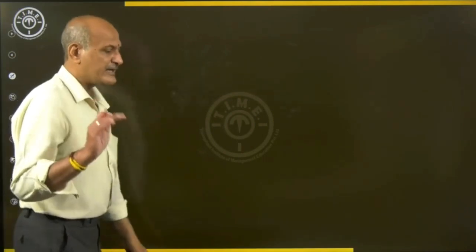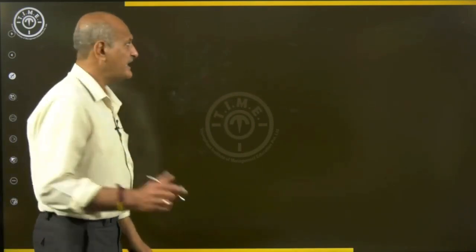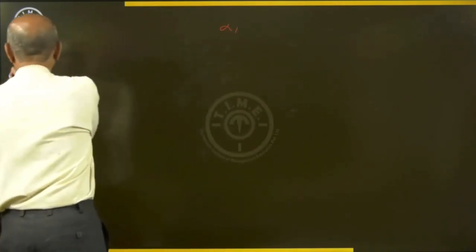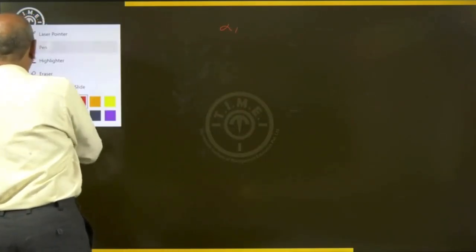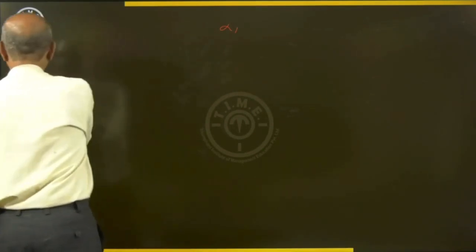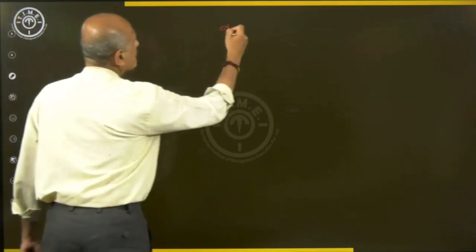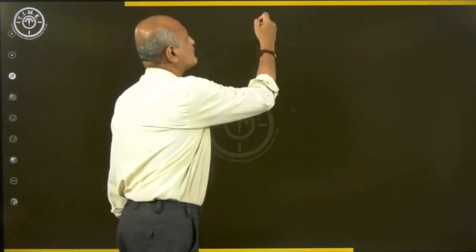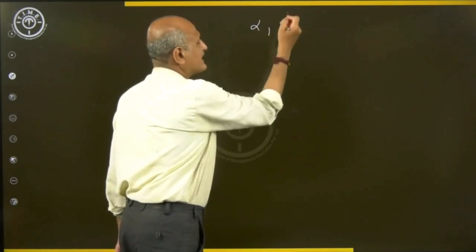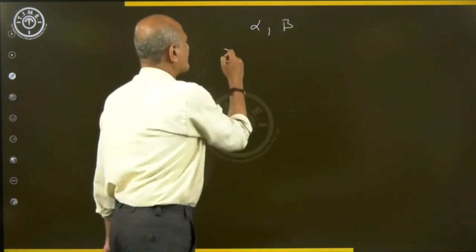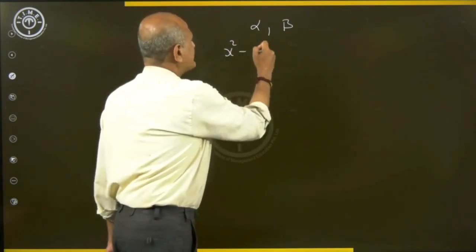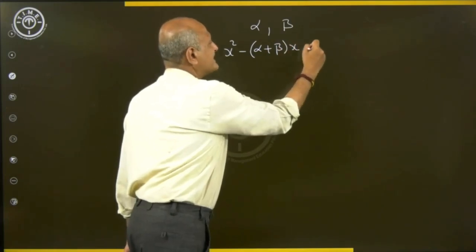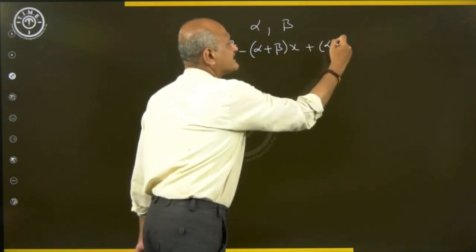A related point to understand in quadratic equations: if there are two roots, alpha and beta, the quadratic equation can be expressed in this form, x square minus sum of roots (alpha plus beta) into x plus product of roots alpha into beta is equal to 0.